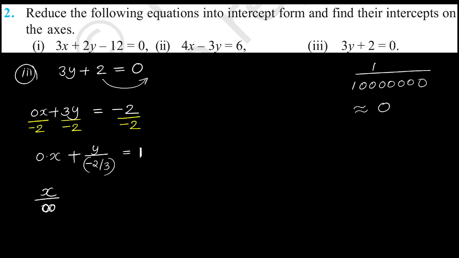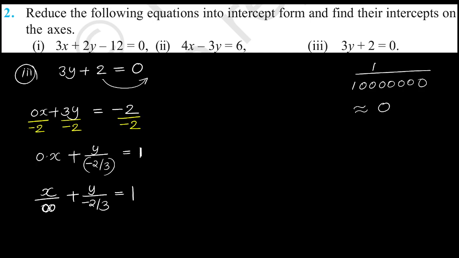So 0 I can write as 1 by a very, very large number. So 1 by infinity plus y by minus 2 by 3 is equal to 1. Is that okay? All of you clear? Shivani, Deva, Ashlin, understood till this step? Yes, sir.